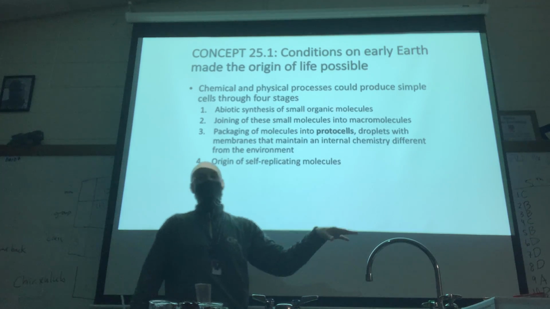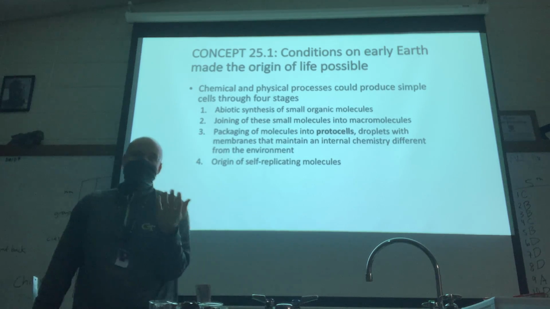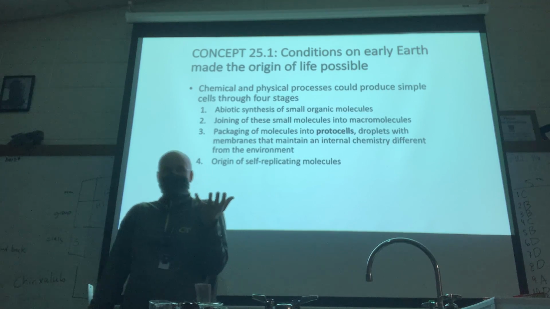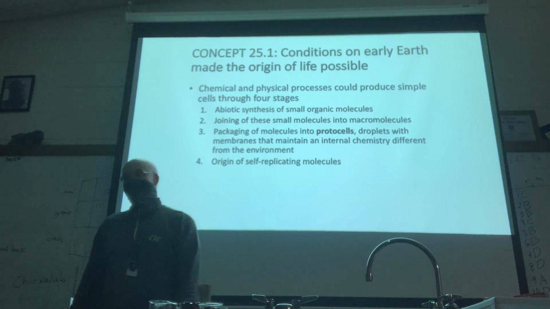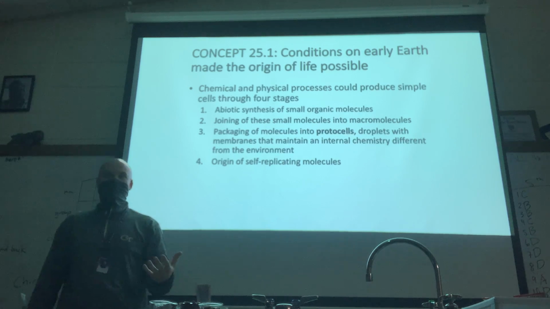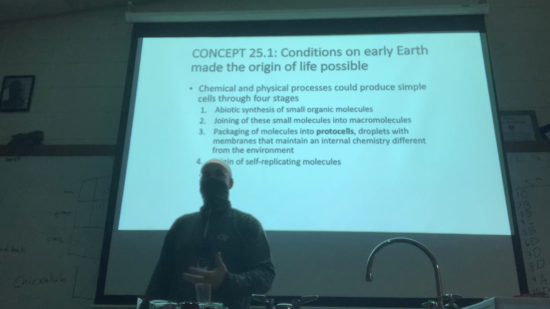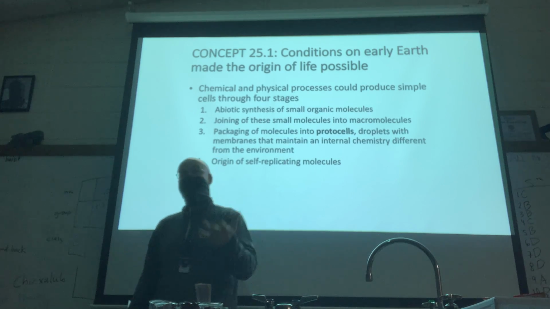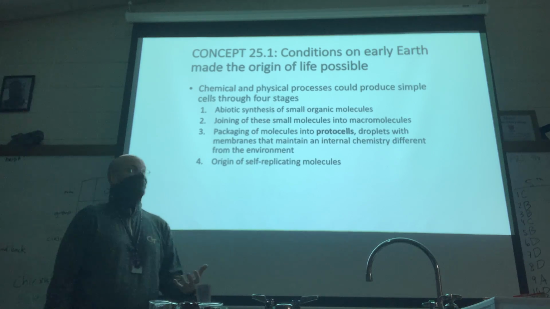So to start out with, we have a discussion of where did you get the first living thing? All right. So it's, from a scientific perspective, pretty obvious that the first living thing had to arise from non-living sources. So how would that come about?